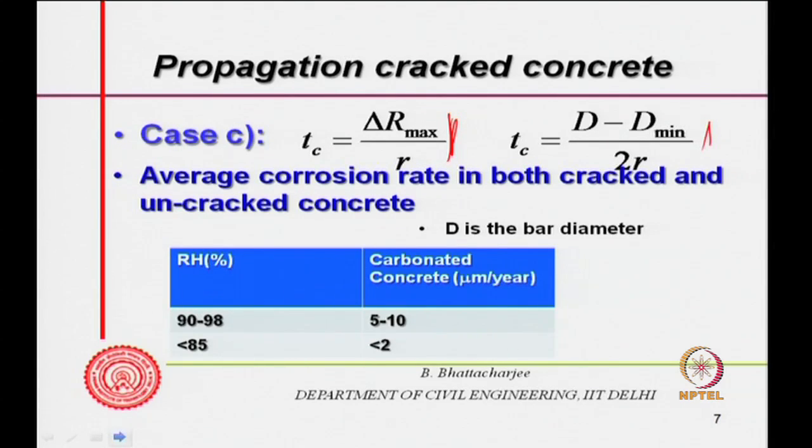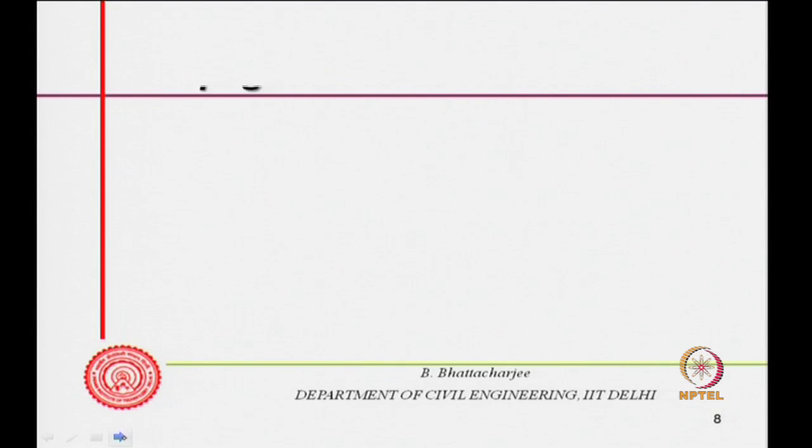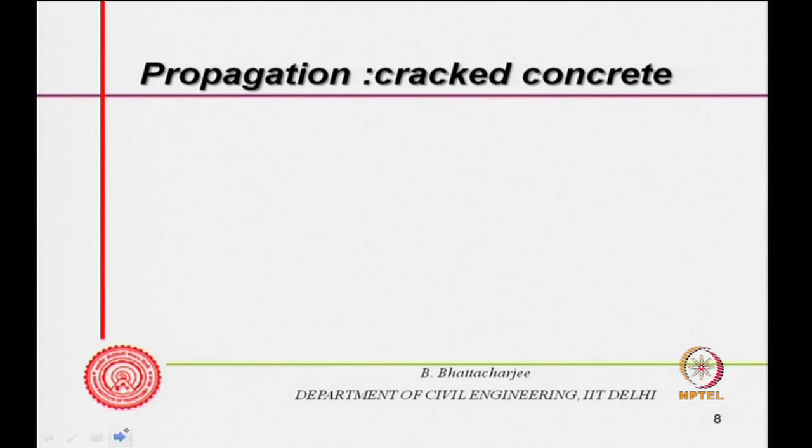For different relative humidity in carbonated concrete, these rates are given, this is less than 2, and D is the bar diameter, actually the minimum D that is likely to be there, because R max is known. So, this divided by 2 R will give you the time required for cracking of the cover concrete. So, these three empirical equations are given.